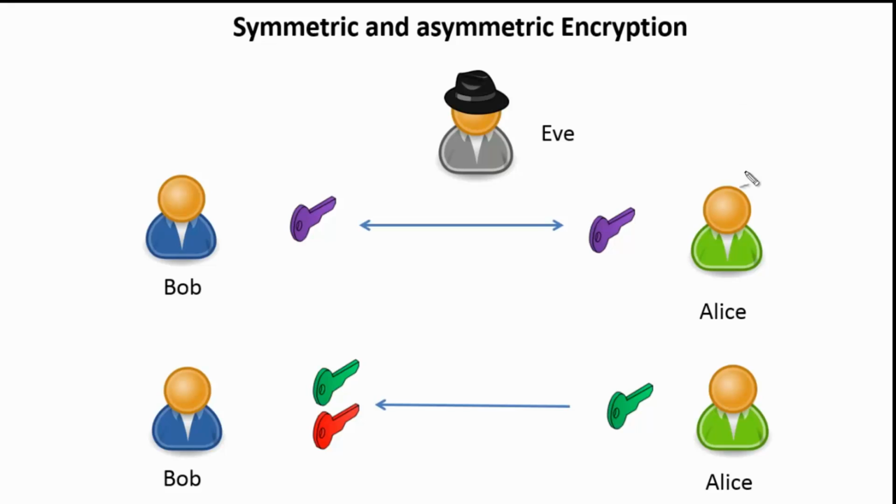Let's say Alice here wants to send a message to Bob over an unsecure wire, or vice versa. In that case, Alice, who has here the message, in our case just "hi", ciphers, encrypts the text with a previously agreed symmetric key.